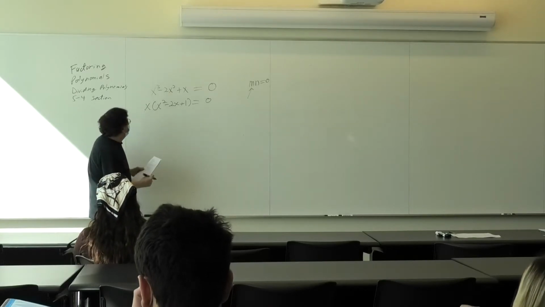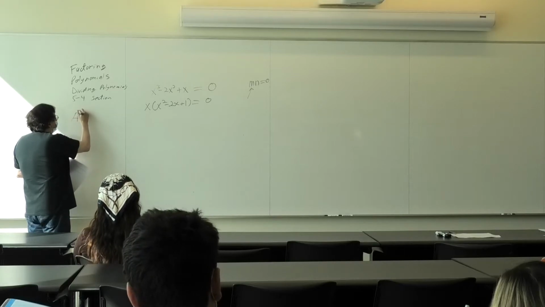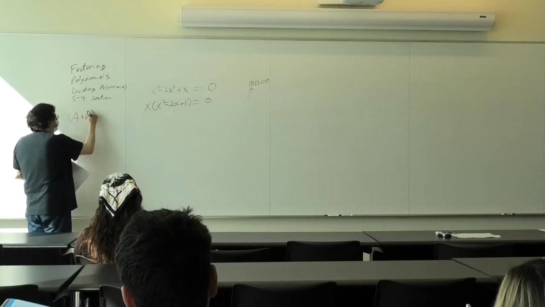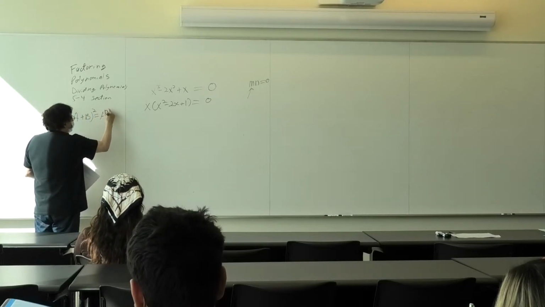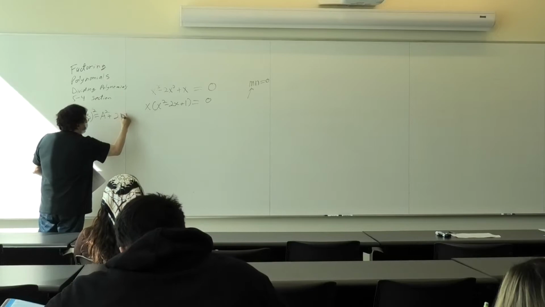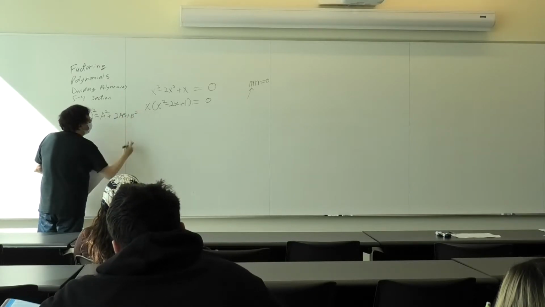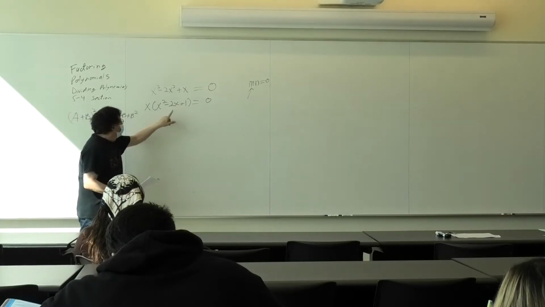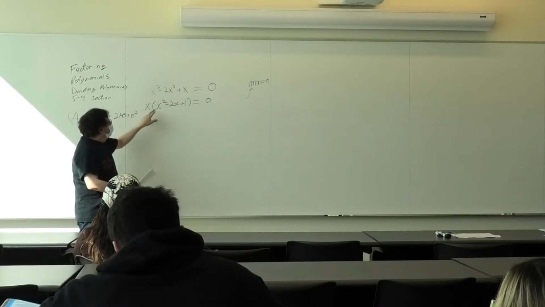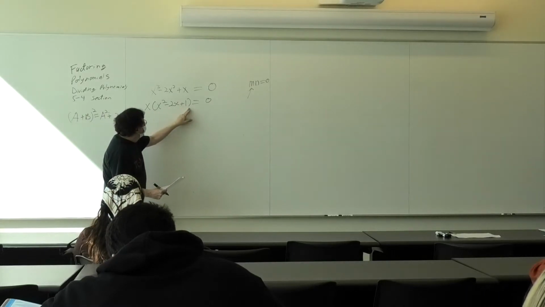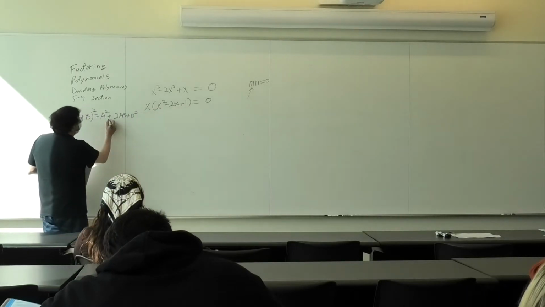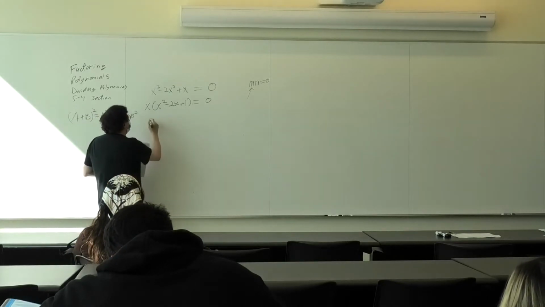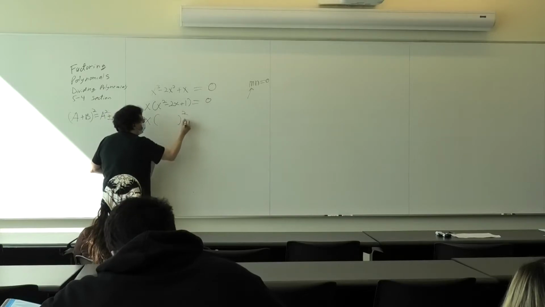This is our (a plus b) squared equals a squared plus 2ab plus b squared. So here my x is my a and 1 is my b. So this is x squared, this is 1 squared, plus or minus. So what do I get? Someone tell me, what do I get here?